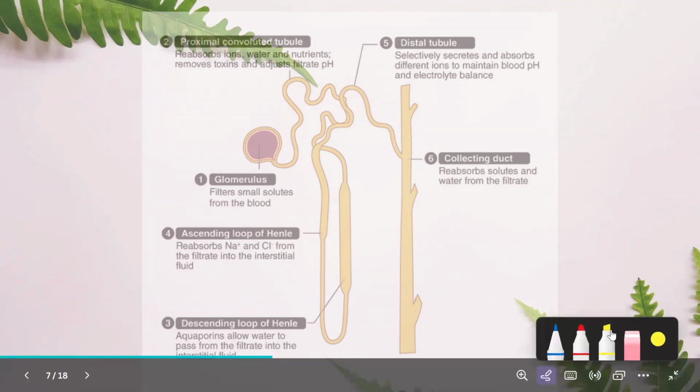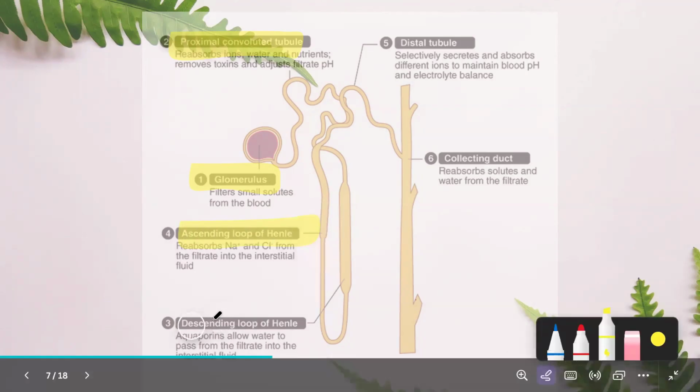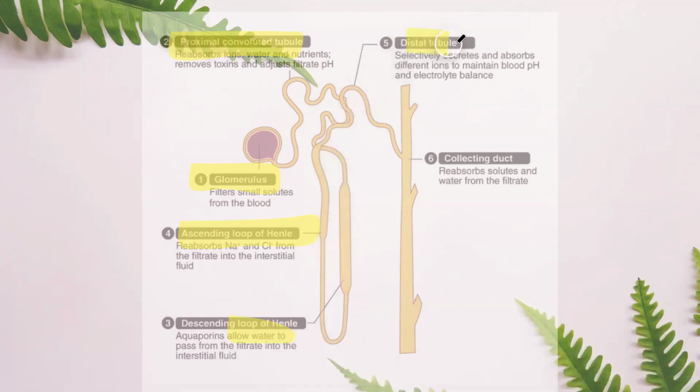As we discussed in the previous slide, this part is the glomerulus, and next inside we can see the Bowman's capsule, which is connected to the proximal convoluted tubule. Next, the blood consisting of nitrogenous waste comes down through the descending loop of Henle, then reaches the ascending loop of Henle, then the distal convoluted tubule, and later the urine which is forming is collected by the collecting duct. This collecting duct is connected to the ureters.